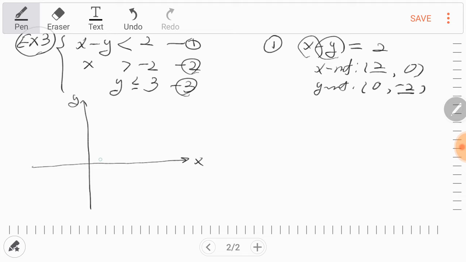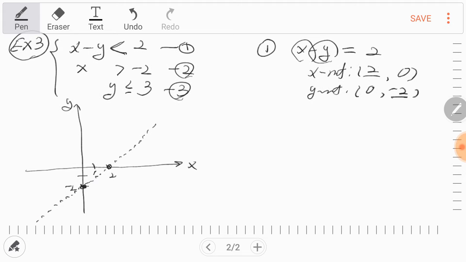So x equals 2 on the x-axis, and the y-intercept is -2 over here. So I'm going to draw a straight line. Since the inequality does not have an equal sign, draw a dotted line like this.